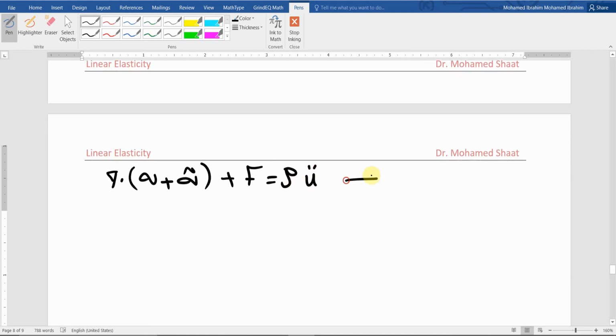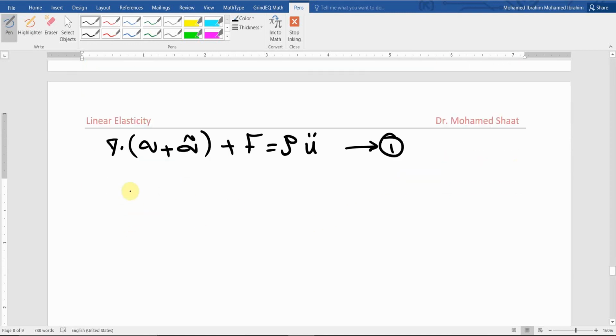This gives us the first equation. And according to the second equation, negative epsilon double dot sigma plus sigma with a hat should equal 0.